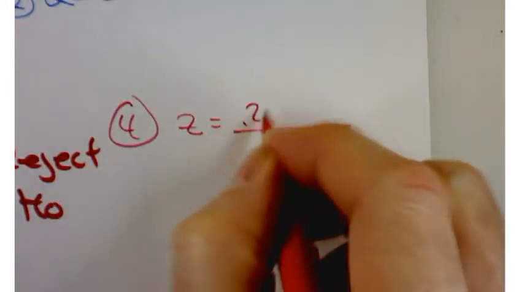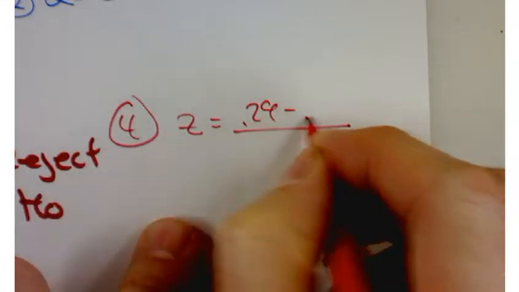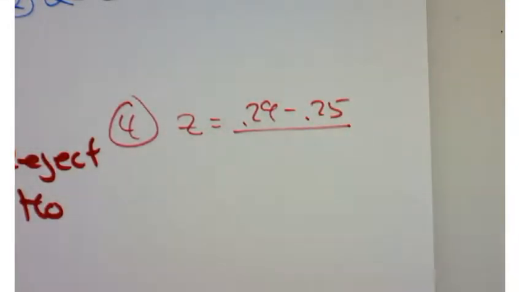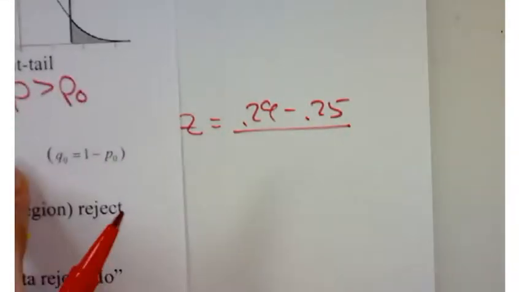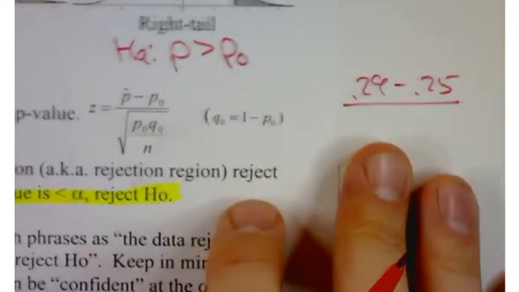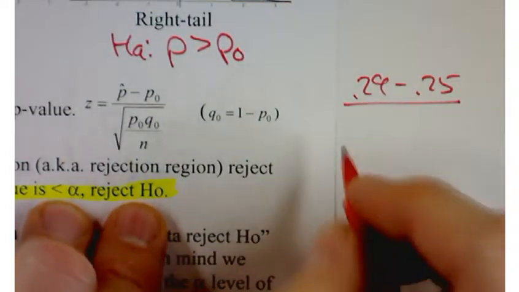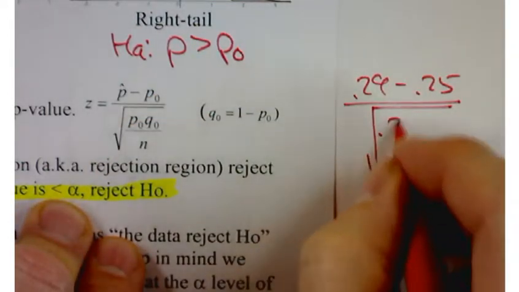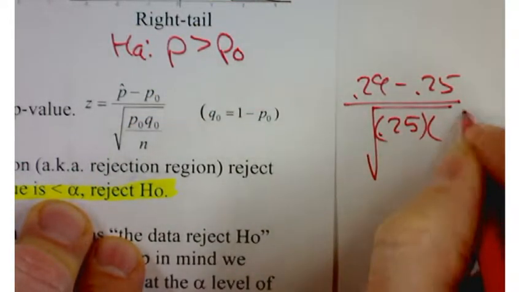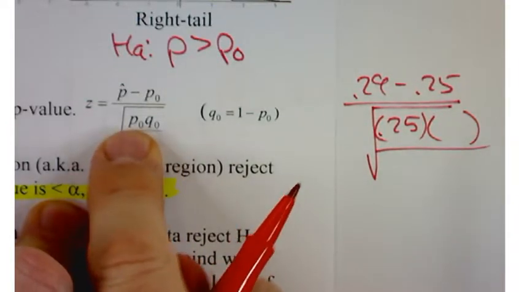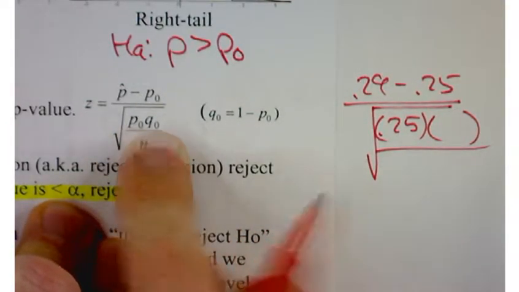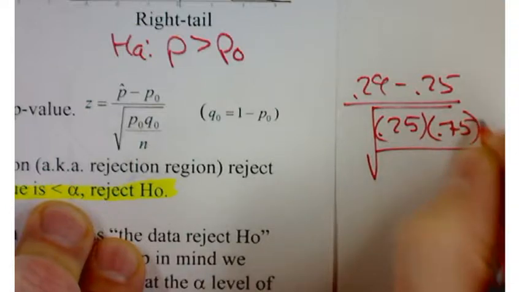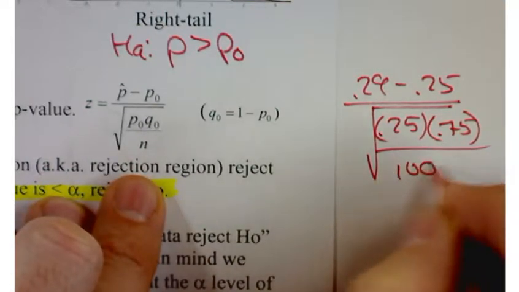So 0.29 minus 0.25, that 0.25 comes from your null hypothesis, divided by the square root of P0 is 0.25. If P0 is 0.25, what do you think Q0 is? 0.75 divided by your sample size, which was 1,000.